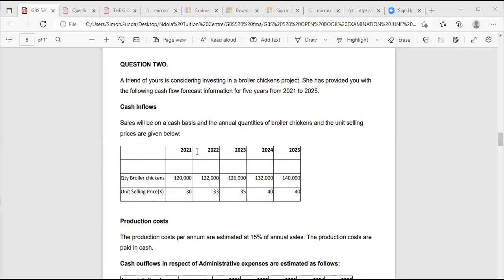So these are the cells we have. I want us to do a working right here. Then we are going to use these figures as the cash inflows or the sales. So we just need to multiply 120 times 30.